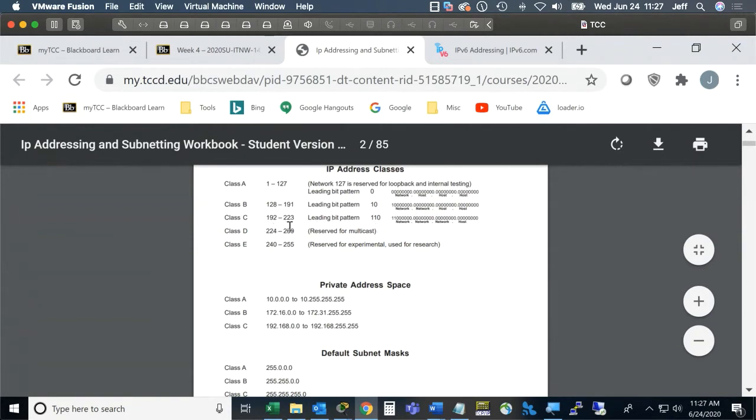And then 192 to 223, the first 24 bits are the network ID, and the last 8 bits is the host ID. And then 224 to 239 is reserved for multicast, right? So if you're streaming videos and doing things like that, that broadcast is possibly using these IP ranges. And then we've got an experimental range, 240 to 255. And zero is just not used. But we have from 0 to 255.